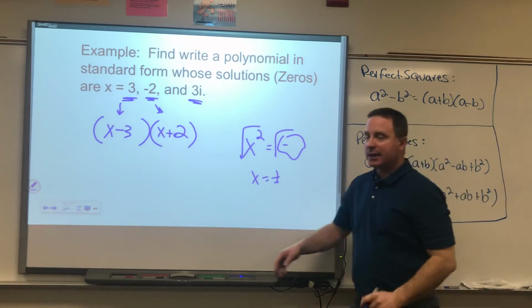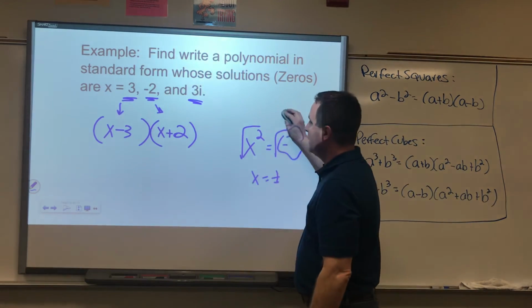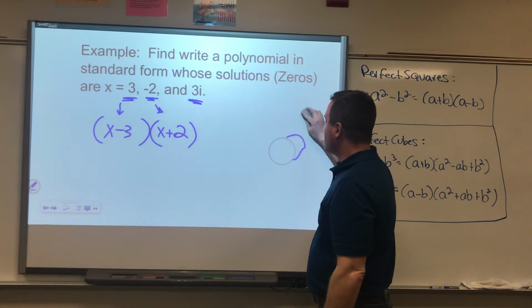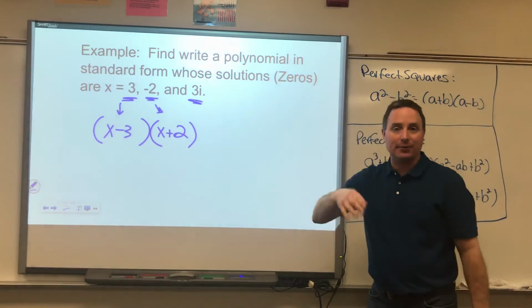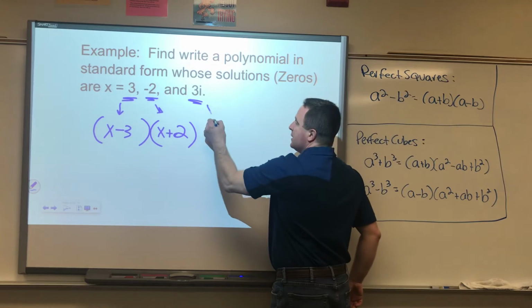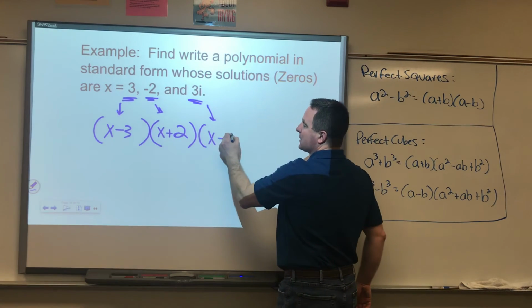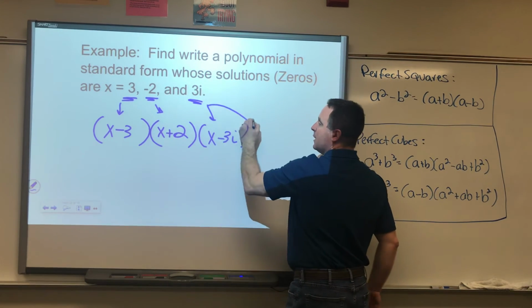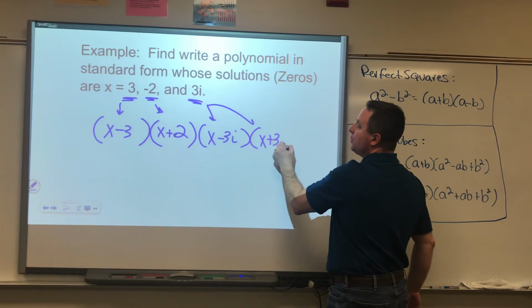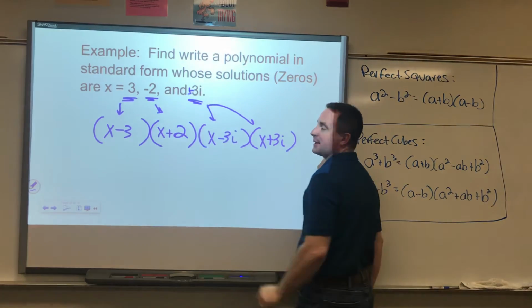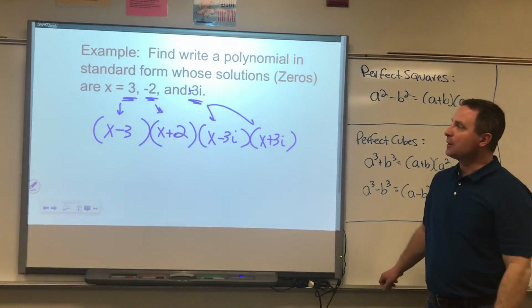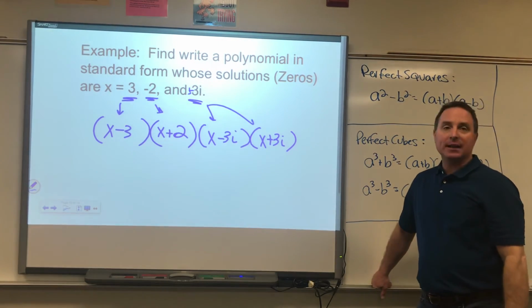So the i's actually come from 2 places because it has 2 solutions, a positive and a negative when we do the square root to both sides. So when we do the i's, one comes from x minus 3i, and one comes from x plus 3i. So technically there's a plus and a minus out there that they kind of omit, but it actually comes from 2 places.